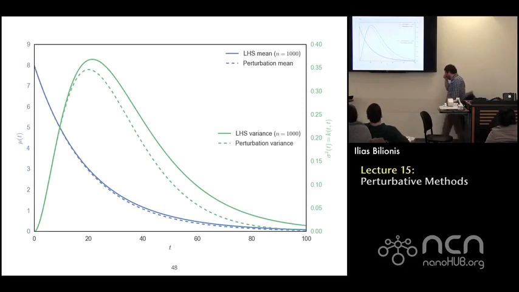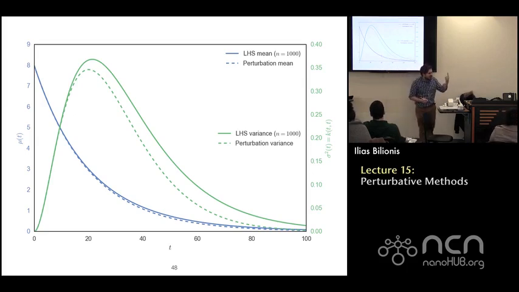And here's how good this approximation is. Here you see the mean estimated by Latin hypercube, 10,000 samples of Latin hypercubes. And I compare that to the mean you get with the perturbative approach, which is just one simulation. Okay, this is just one simulation. And the green line is the variance with 10,000 Latin hypercube samples.